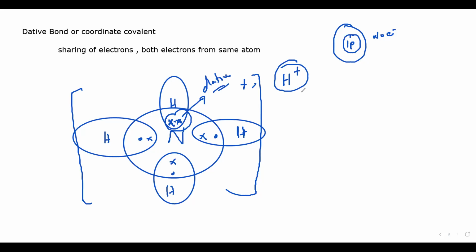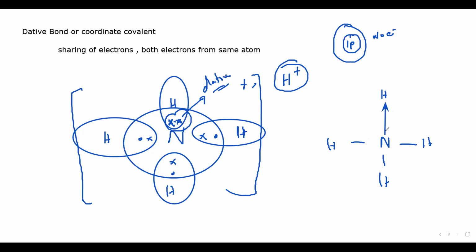So when a pair of electrons is shared between atoms and both electrons belong to the same atom, we call that a dative bond. And how do we represent and distinguish it? Example, we have nitrogen sharing electrons with hydrogen, and there is a dative bond with another, extra hydrogen. So we draw an arrow.